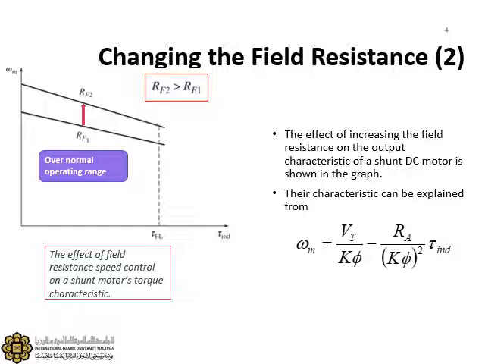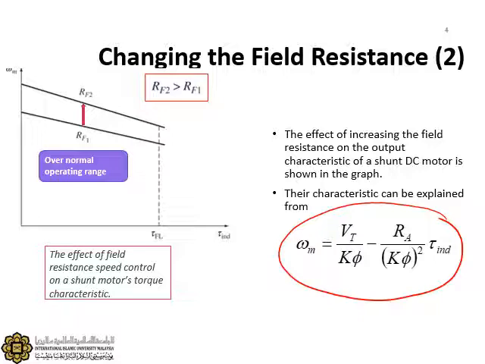So this graph, this characteristic, is also represented by the equation on the right hand side, which is this equation here. This equation has been derived before, and you can refer to one of the previous slides that we had gone through.